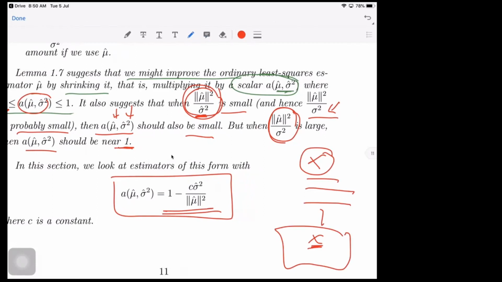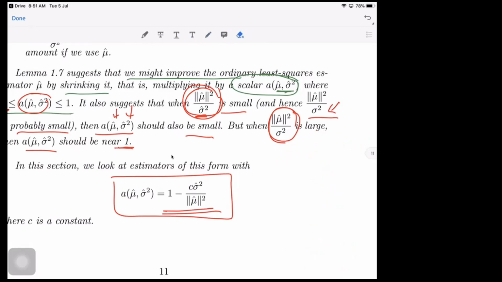Once they get the form of A in terms of mu hat and sigma hat square, if you plug that in, you get the minimum risk. Do you understand? So in the proof, it is not magic.